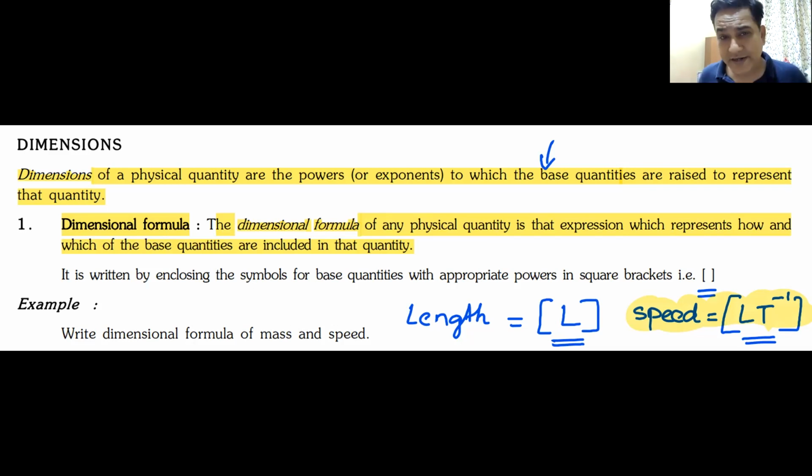If you don't know that, you will not be able to find out the dimension of that quantity. In the coming 2 years, you will come across a lot of physical quantities. You'll have to remember them all, and remember their definitions. Then you will be able to make out their dimensional formula.